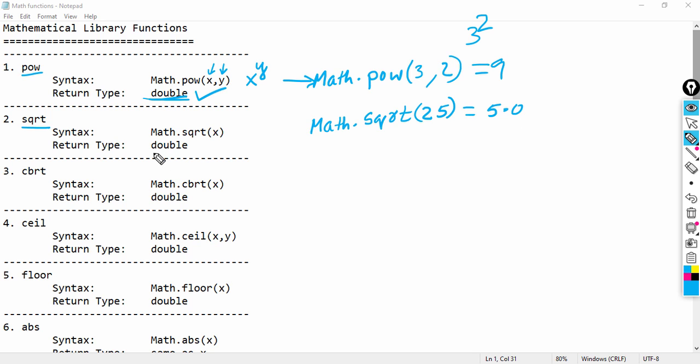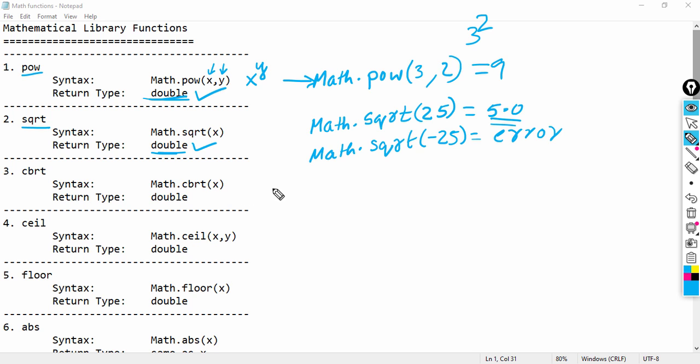Notice the return type is double, so it returns a double value. Then if we give a negative number to SQRT, it will give an error. We cannot find the square root of a negative number.